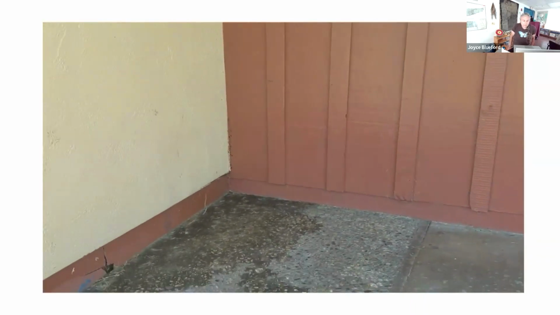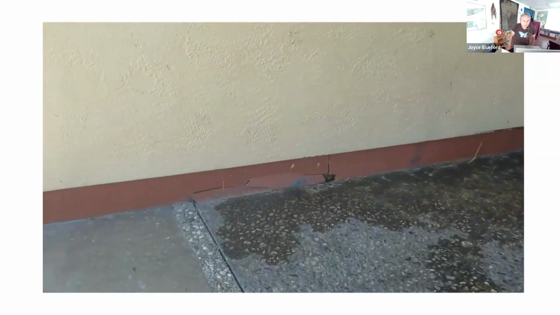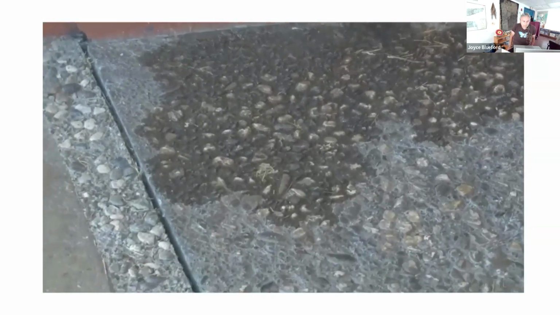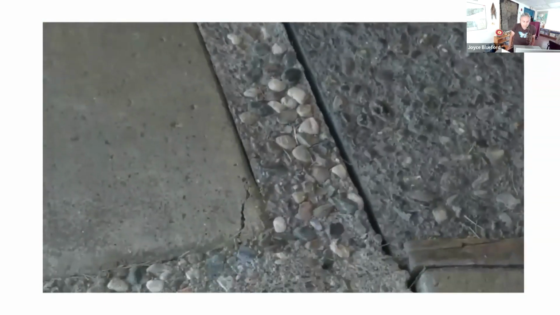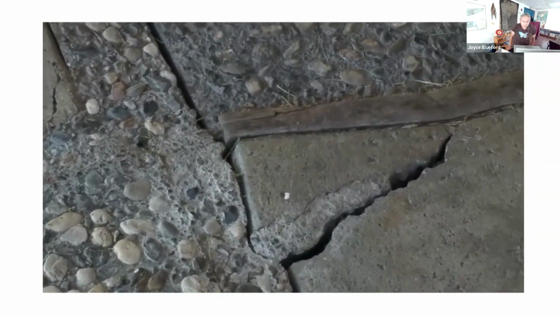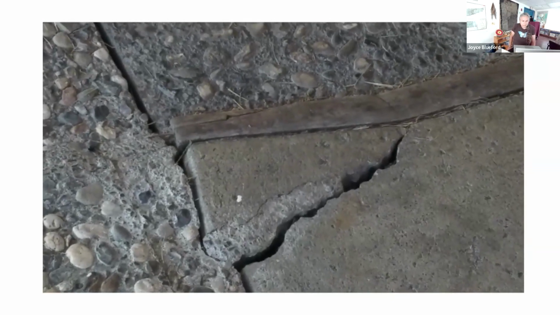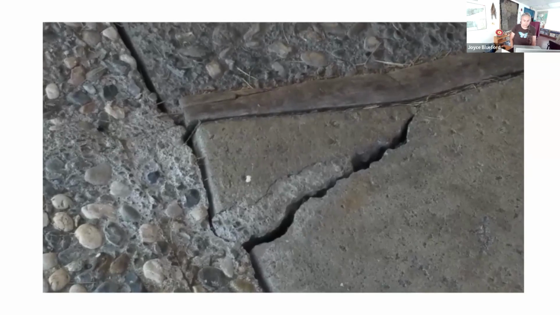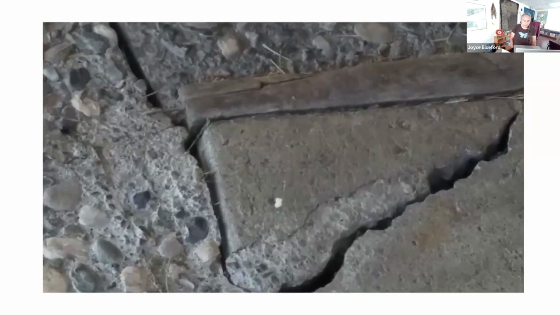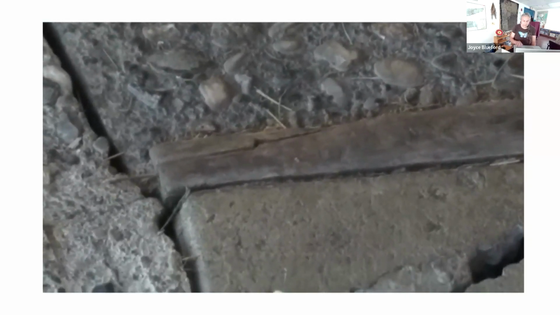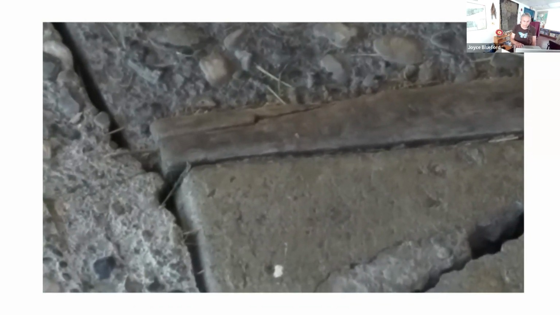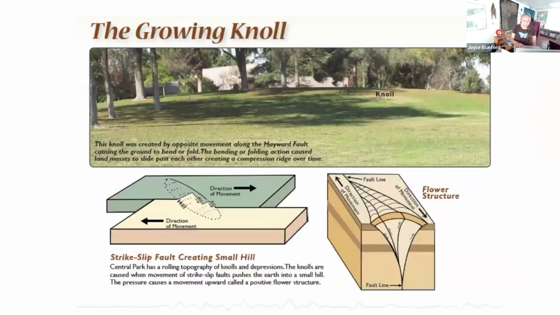So let's take a look at this wall here. Concentrate down here. You can see something is breaking it. And as you walk along, you notice that the concrete is cracked and it's following the direction of inside. Notice that the wood is bent. That's because different materials have different movement.